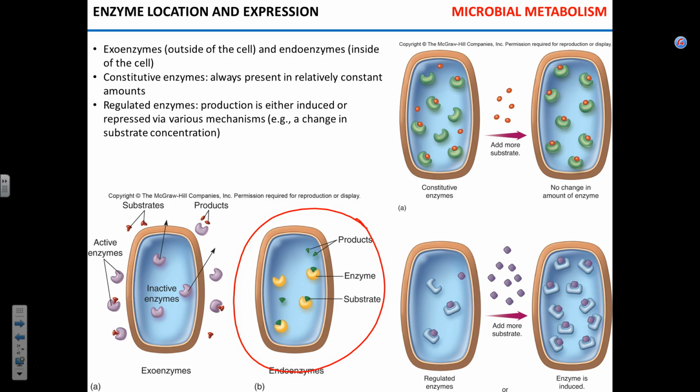Like RNA polymerase is an endoenzyme, right? Enzymes that participate in glycolysis. All enzymes that do intracellular work are endoenzymes. And microbial cells can also produce so-called exoenzymes. Exoenzymes are released into the environment. What for?